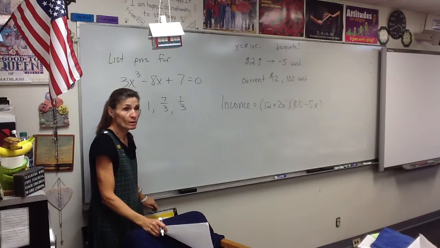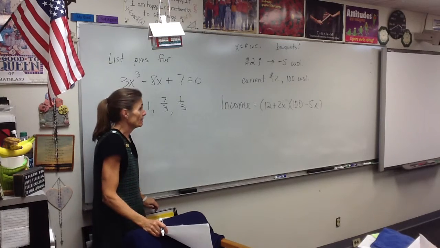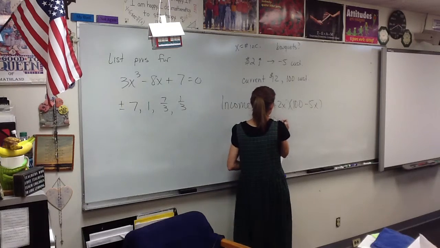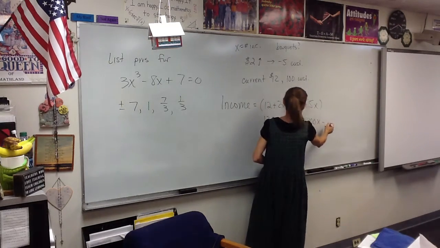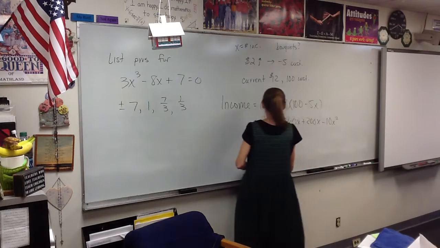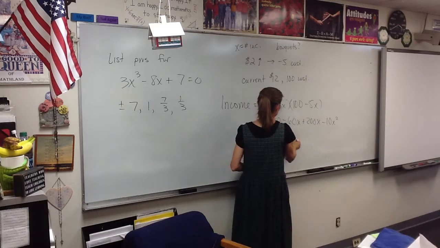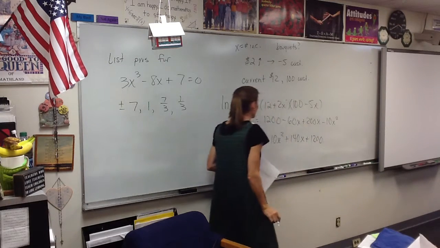The money is going up in groups of 2. So we've got negative 10x squared plus 140x plus 1200 if I multiply it right.